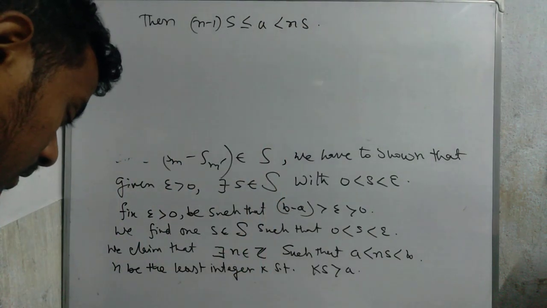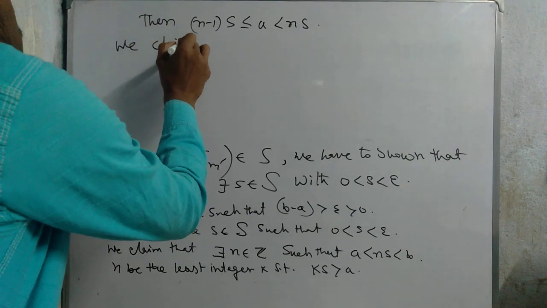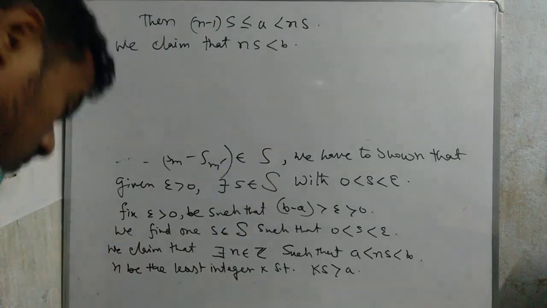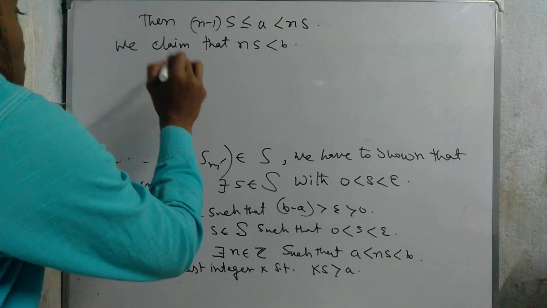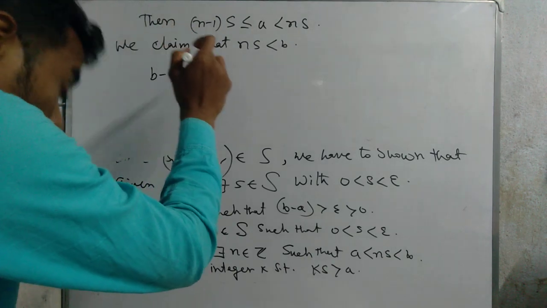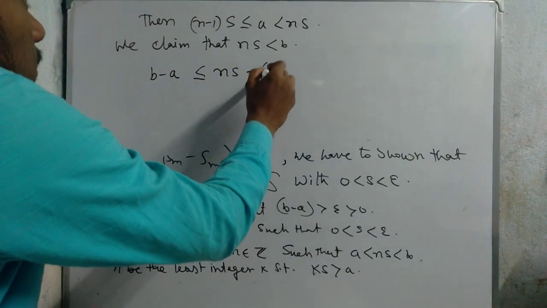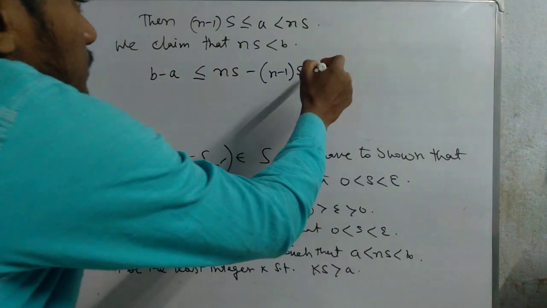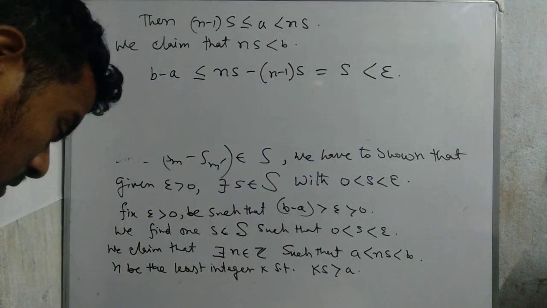And obviously we claim that ns is less than b. Otherwise b minus a would be less than or equal to ns minus (n minus 1)s, which equals s, which is less than epsilon.